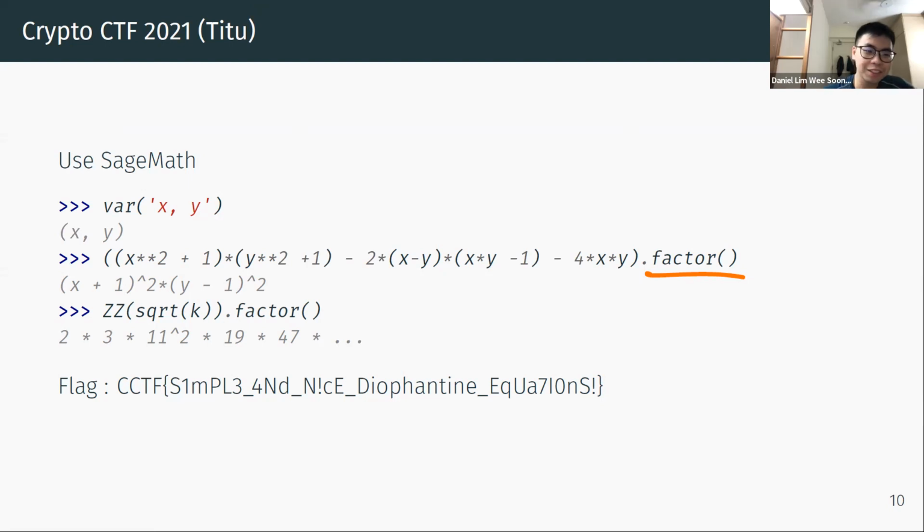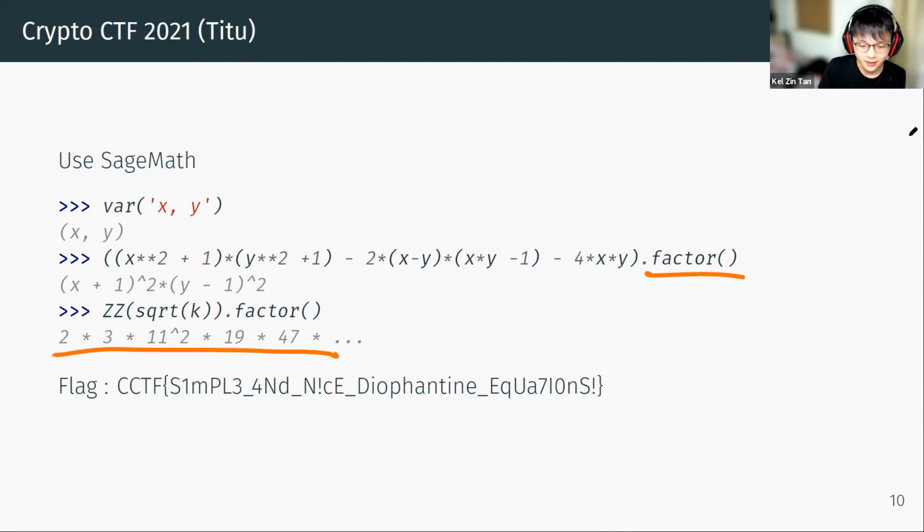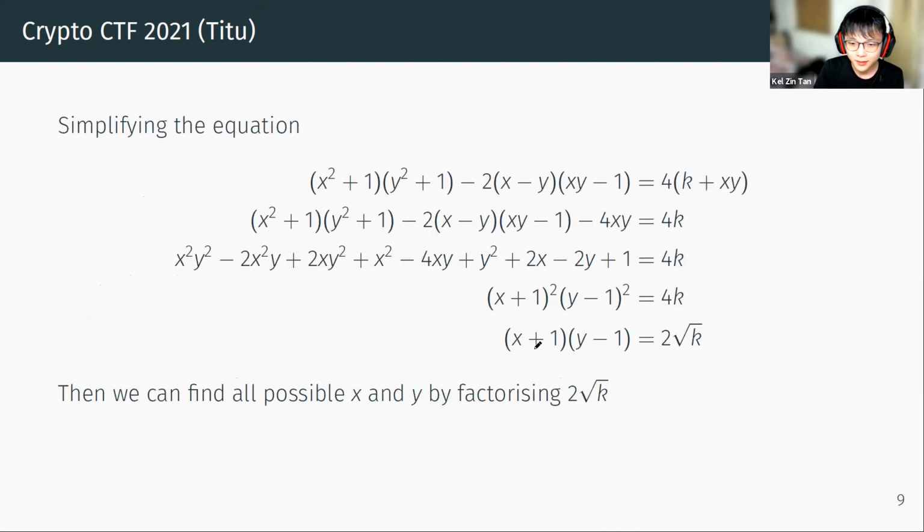How do you get from these 3 lines to the flag? By knowing the factors, you get this, and then you know that x plus 1 times y minus 1 is equal to this. So this must be a combination of the factors of 2 times the square root of k.